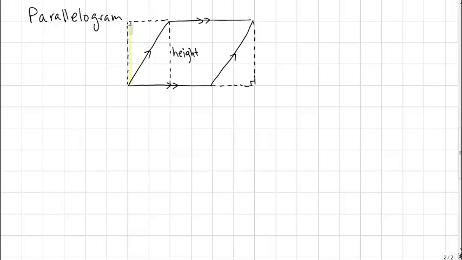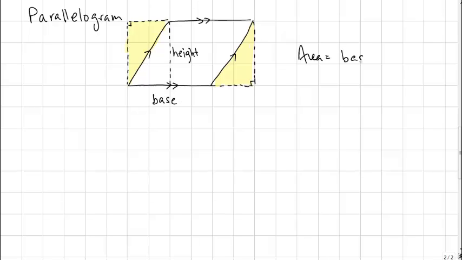So this yellow triangle over here on the left is exactly the same as this yellow triangle over here on the right. And you could imagine reorienting the figure. If you cut it up along the dotted line that I've drawn for the height, you could simply take the piece on the left and shift it over and make a rectangle. And so the formula for the area here is simply the base times the height.